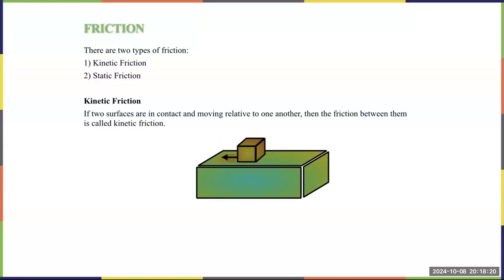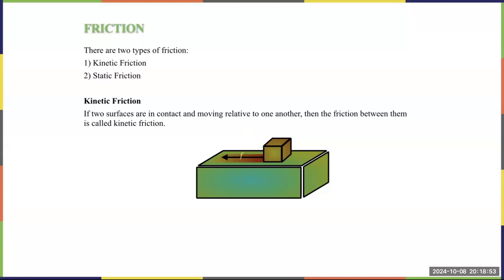Now, if we push this block, there's a friction force acting between the surfaces in contact. As we did earlier, we can push it with the hand or pull it with a string. So the applied force and the tension force could be above the surface, but the friction force is the only one parallel to the surface of motion.